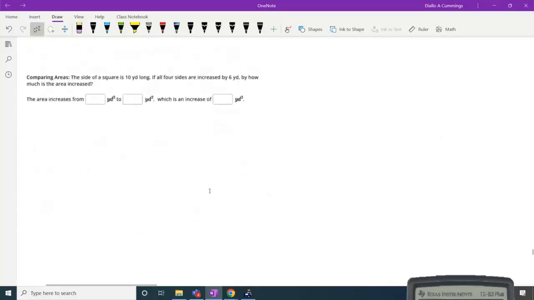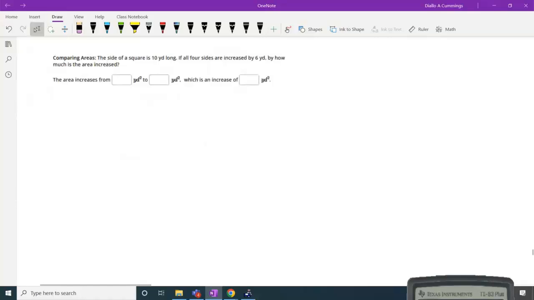Going to the next example, here we're dealing with a word problem. And it says comparing areas. It says the side of a square is 10 yards long. So I'm going to just jot out a square. So remember, in a square, all sides are the same length.